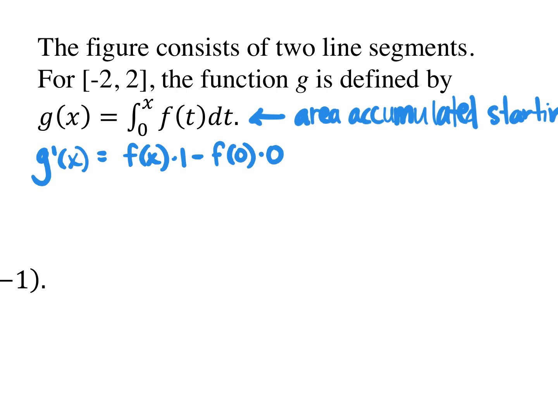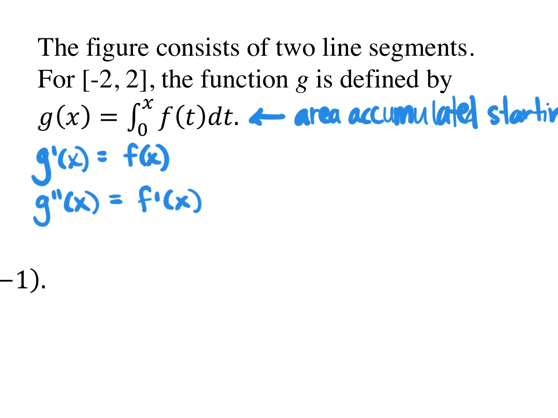So all of that's going to clean up, and g prime works out to be equal to f of x. They usually work out nice like that. What would g double prime work out to be? The derivative, f prime of x.